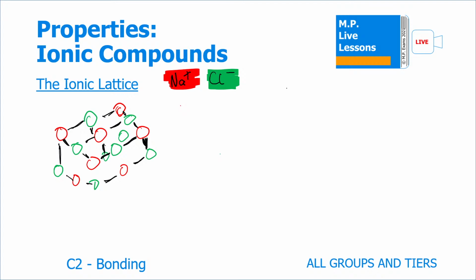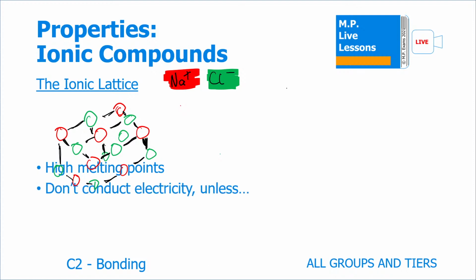Now we can see three things about this. So we have high melting points. These ionic compounds or lattices don't conduct electricity, unless, which I'll explain in a bit, and they are brittle. And you'll need to explain all three. They have high melting points because you have your two oppositely charged ions.